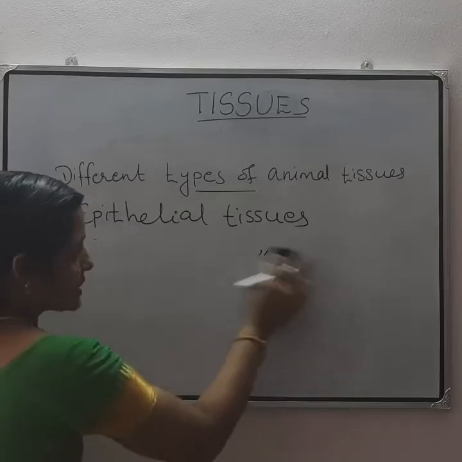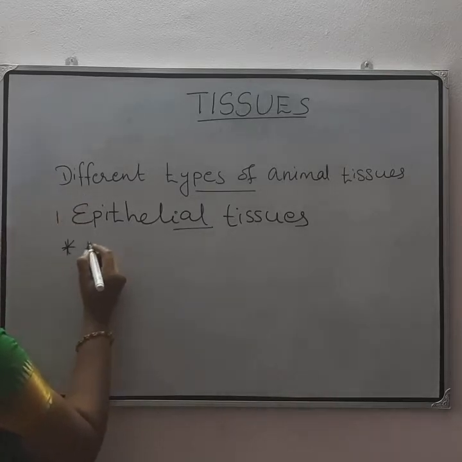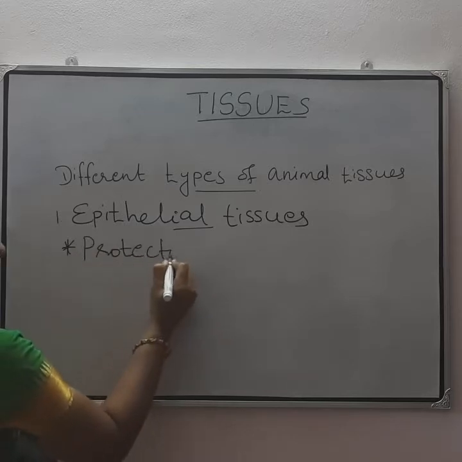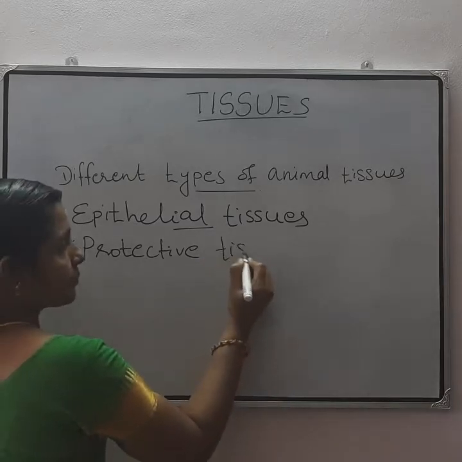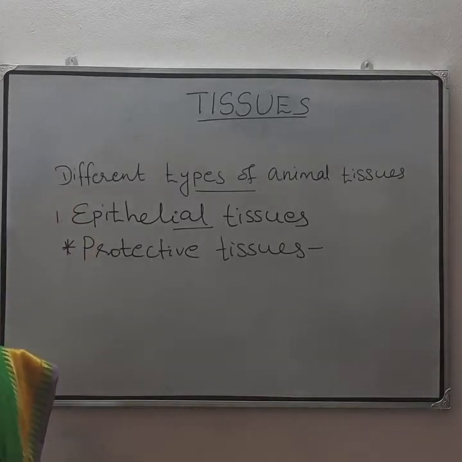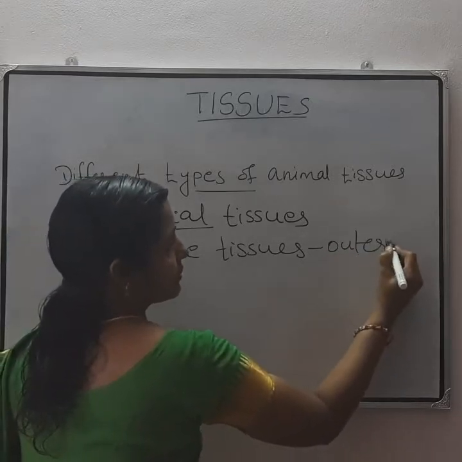So epithelial tissues are the protective tissues of the animal body. That means they are present as the outermost covering of the body.